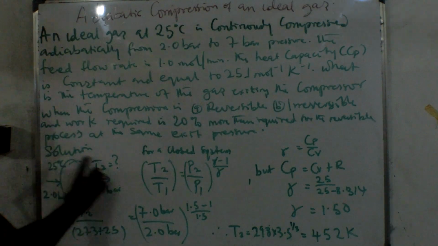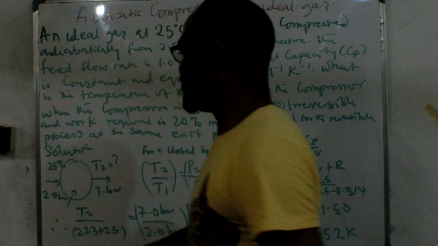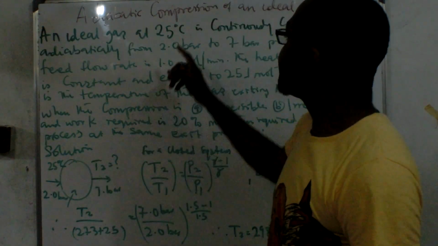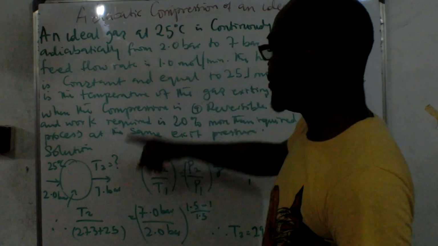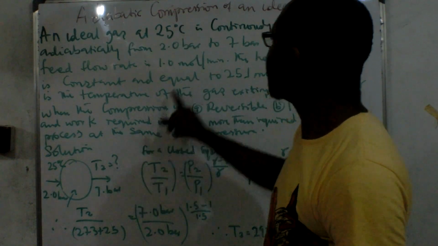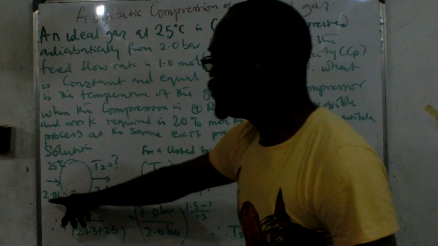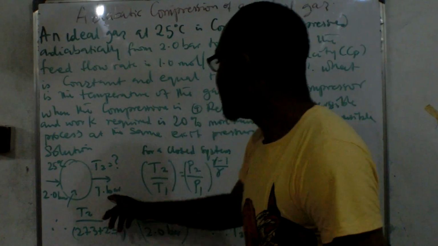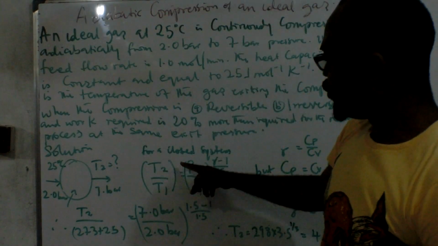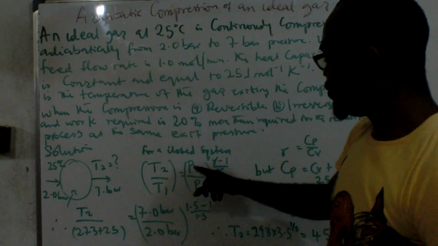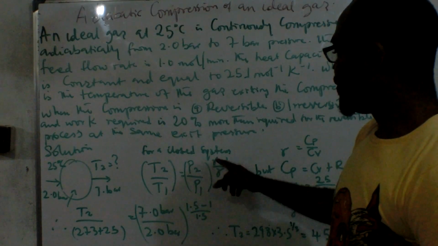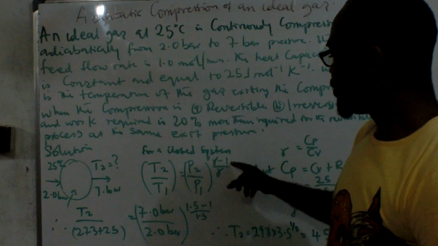First of all, make this very simple diagram to show you what is coming in: 25 degrees, what is going on you don't know, that's what you want to calculate, 2 bar coming in, 7 bar going out. So, make this equation for a closed system, T2 over T1 equal to P2 over P1 to the power gamma minus 1 all over gamma.